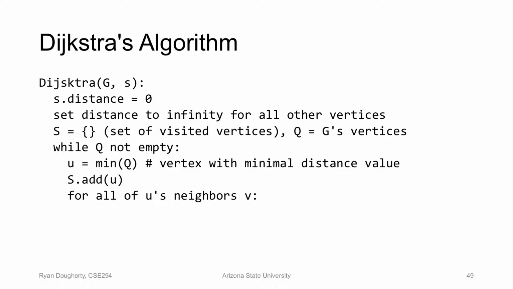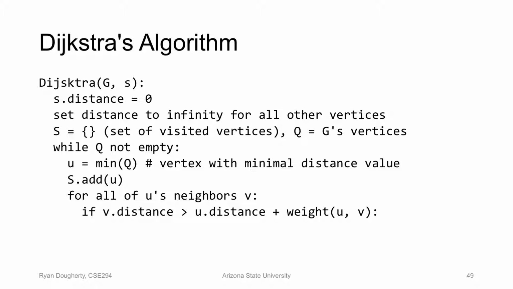So I'm going to look through every single neighbor V of U. And so we want to check if the current value assigned to this vertex V is larger than through this other path, through the one I'm currently at and the edge to that one. Then I just found a shorter way to get there, right? So therefore, I must update it, right? Does that make sense?